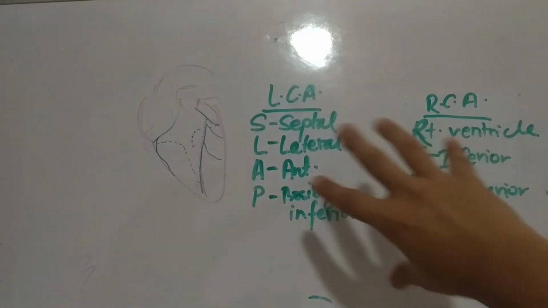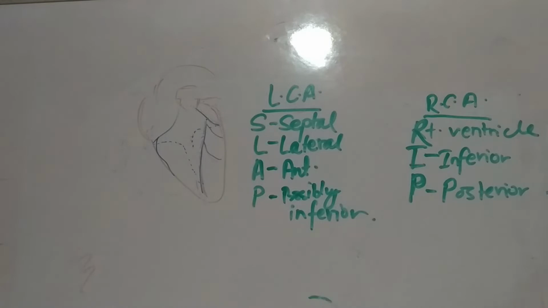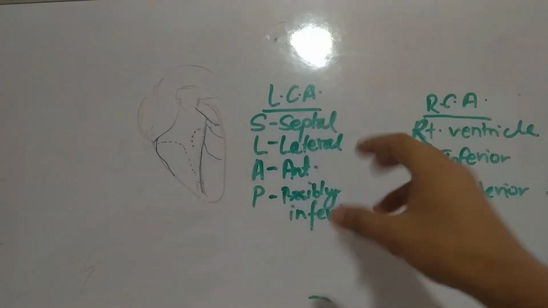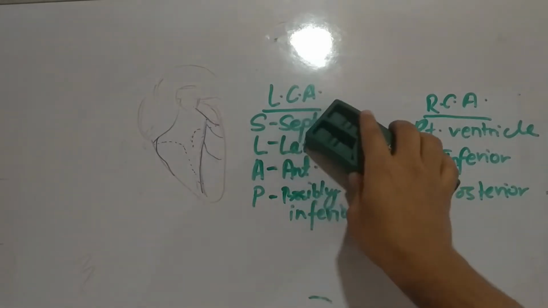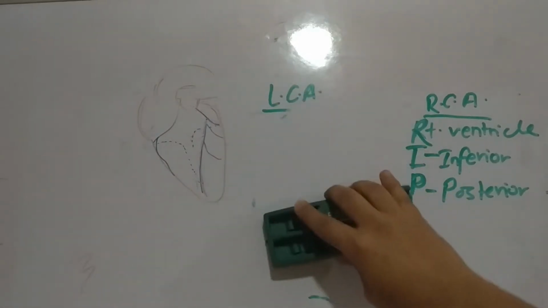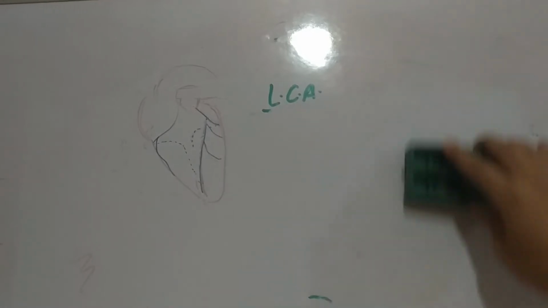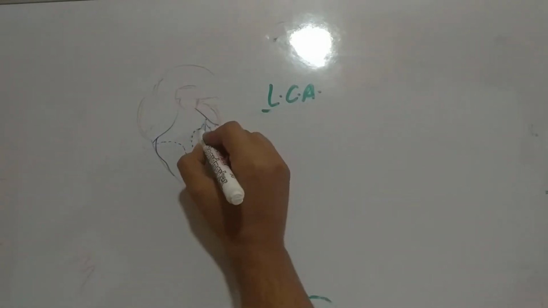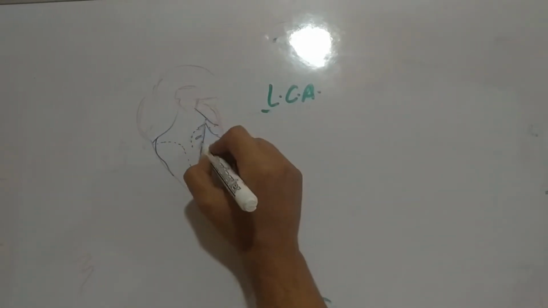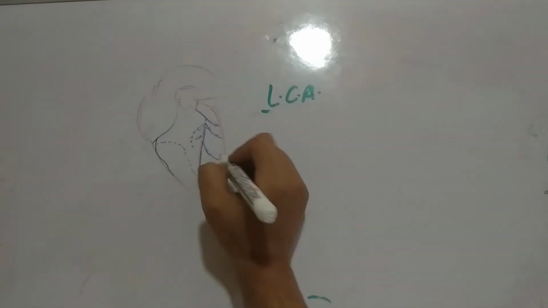So in any region, if there is any pathology, you can think that this artery can be blocked, especially in cases of MI. Now first we will discuss the LCA, and then the RCA. In the LCA, as I have already told, there are S1, S2 and D1, D2. This is the septal branch and this is the diagonal branch.